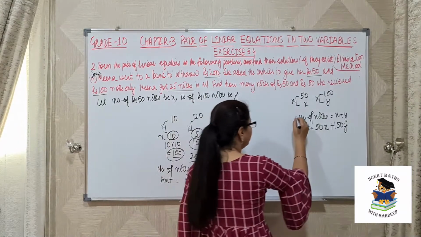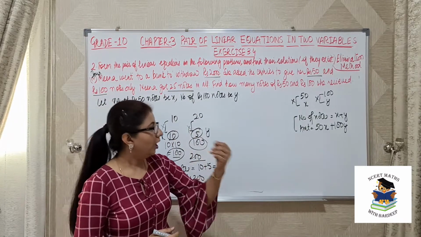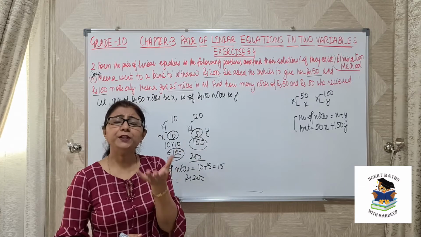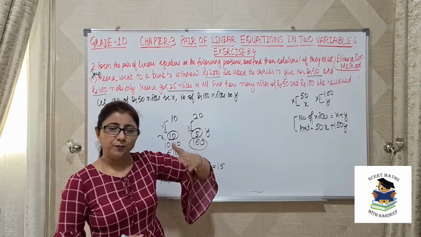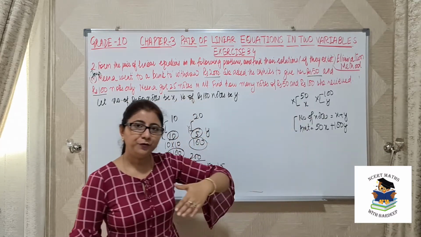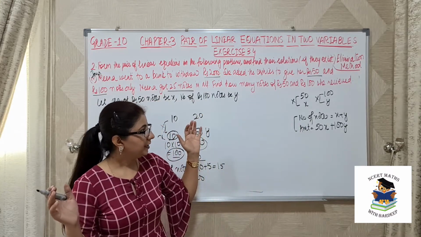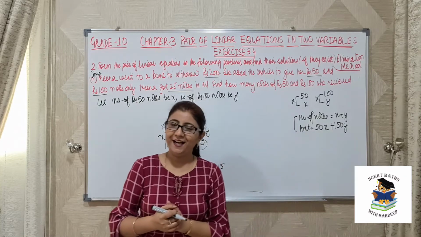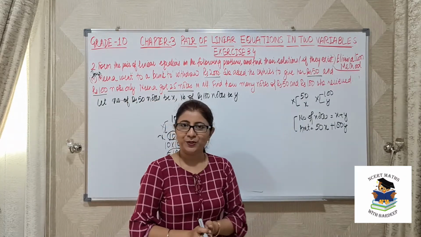So this is the main key point of this question, that you should know how to find the value of the total amount that she is having. So this is always the number of notes multiplied by the currency note. So number of notes multiplied by the second currency note. But if they are asking total number of notes, then directly you should add x plus y. Okay. So now let's solve this question.